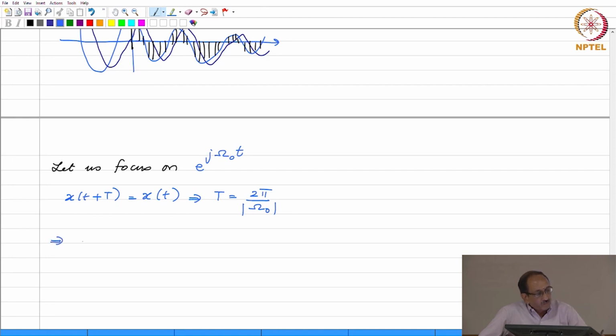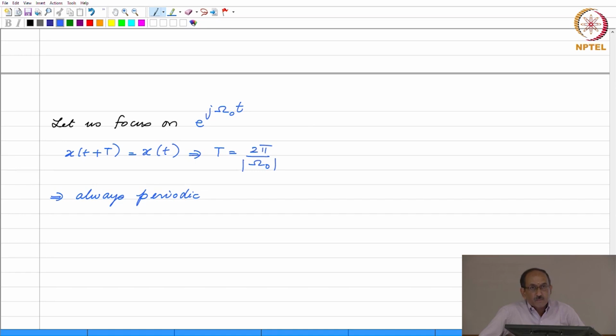So, the first important implication is this is always periodic, and the other important thing is as omega naught increases, what can you say about the rapidity of the oscillations?